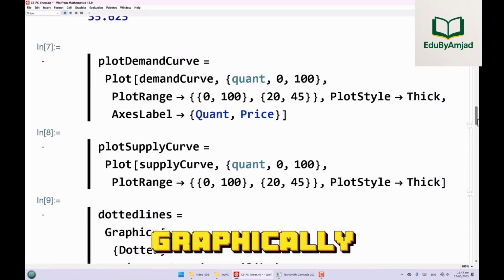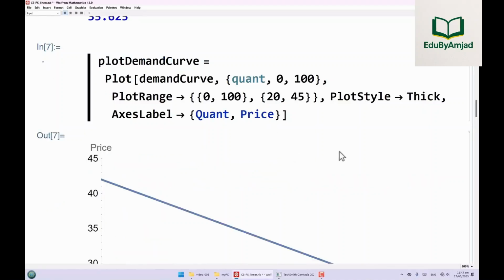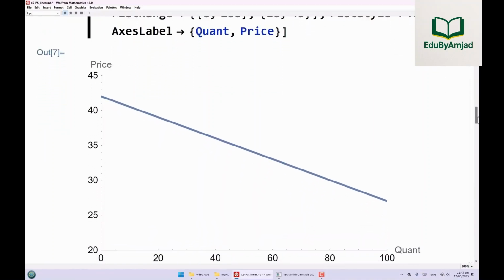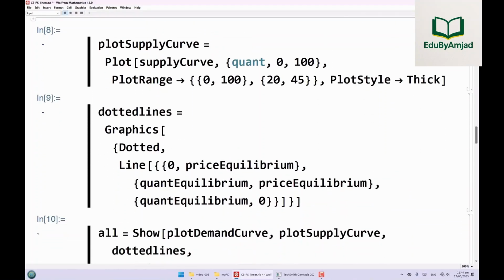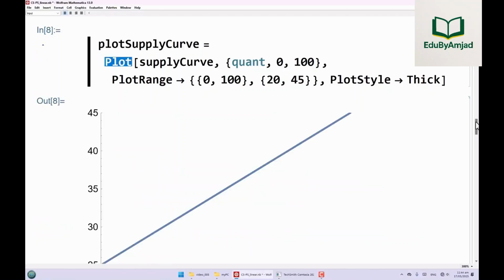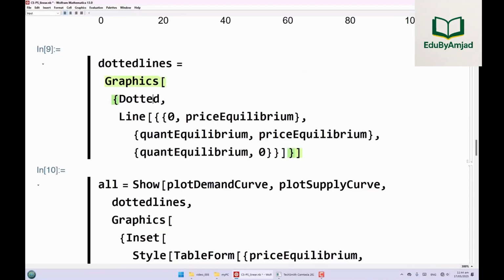Let's show it graphically. Plot the demand curve. Plot the supply curve. Define dotted lines.